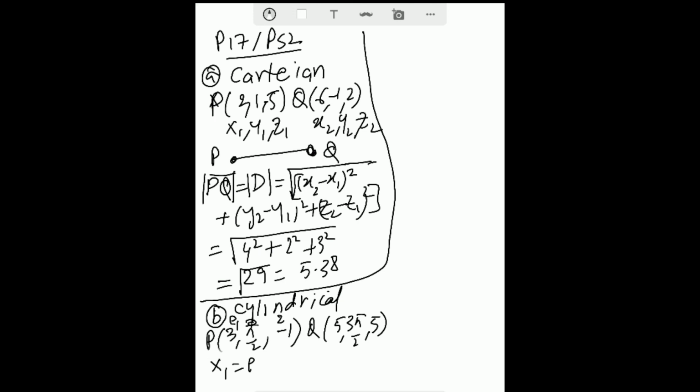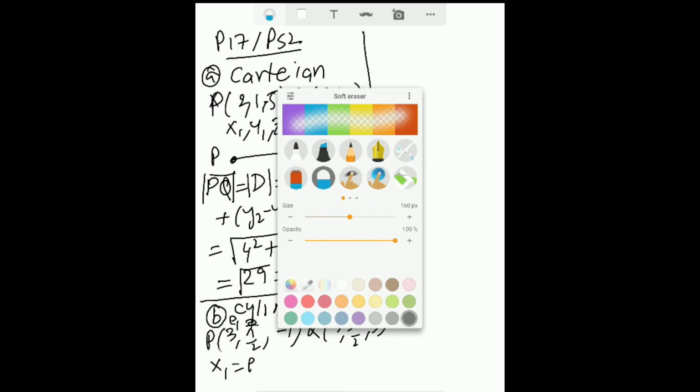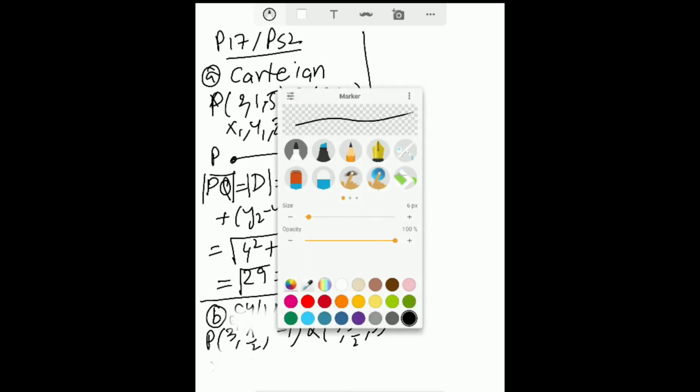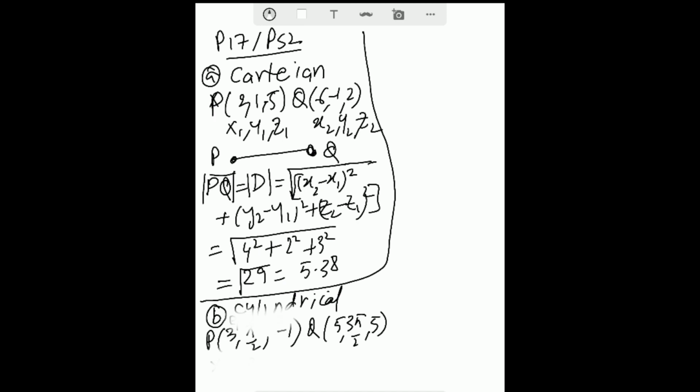So this is my row 1, this is my phi 1, this is my z1, this is my row 2, this is my phi 2, and the third one is my z2.